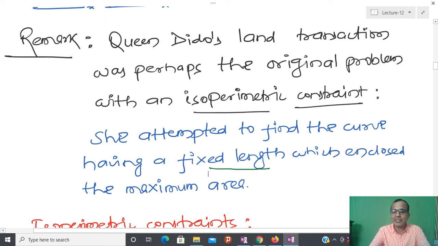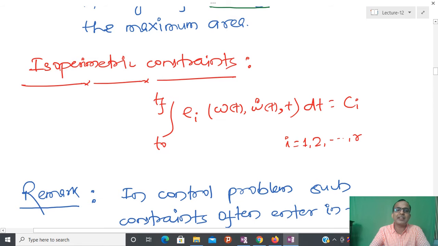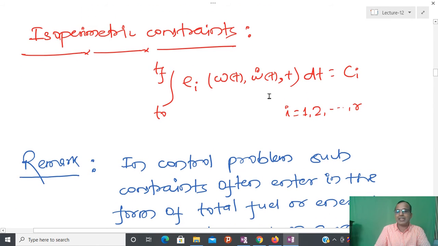So due to that reason the isoperimetric constraint can be represented like this, the integral equal to c_i.